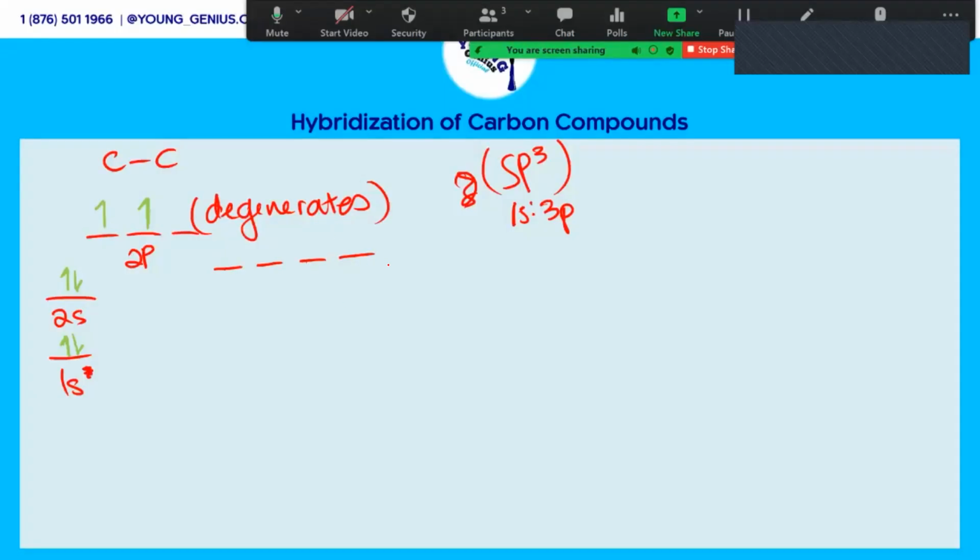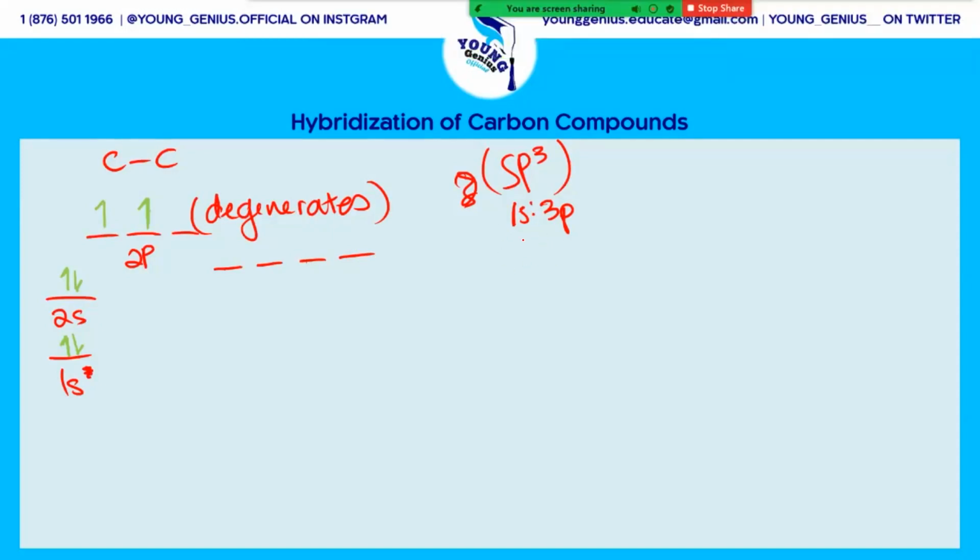All right, so you were hearing me when I was telling you about the sp3 orbitals, right? Yes, I was hearing it. All right, great. So this basically means that you have one s orbital mixing with three p orbitals. In that case, what you will end up with is four sp3 orbitals, and those will be your hybrid orbitals.